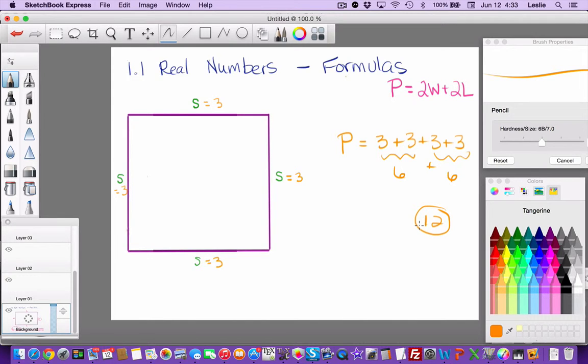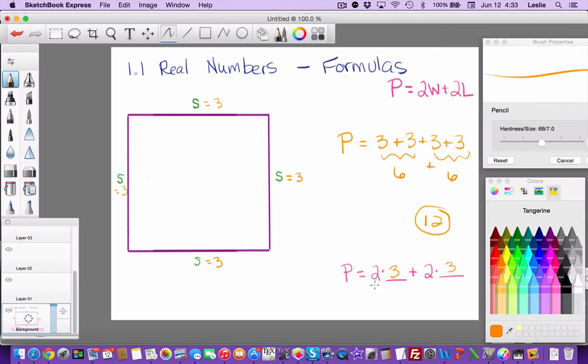Since a square is just a special rectangle, we could also have done this by using the formula for the perimeter of a rectangle. What I have to be careful about is the fact that the width and the length are the same numbers. Since the width and the length are both 3 for this particular square, my formula would look like this.